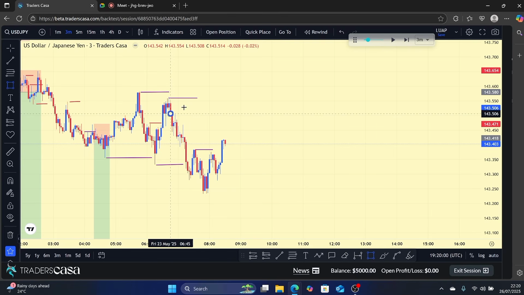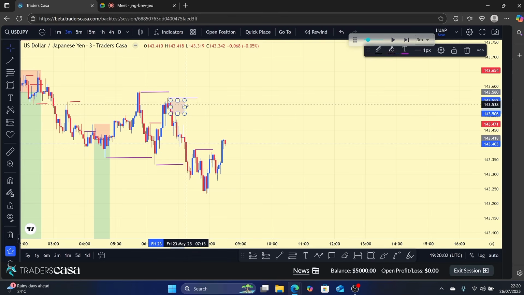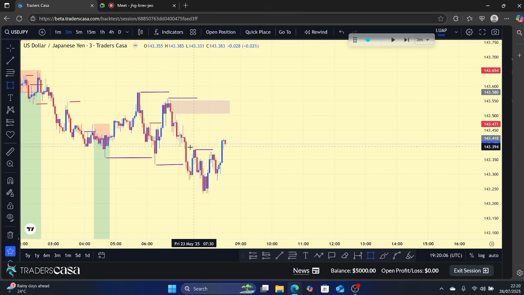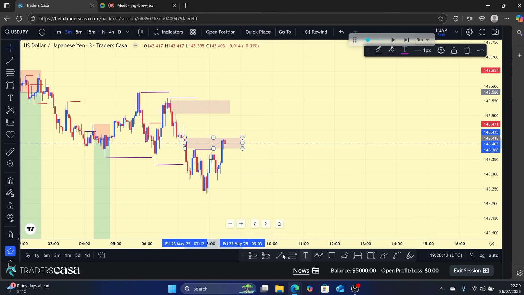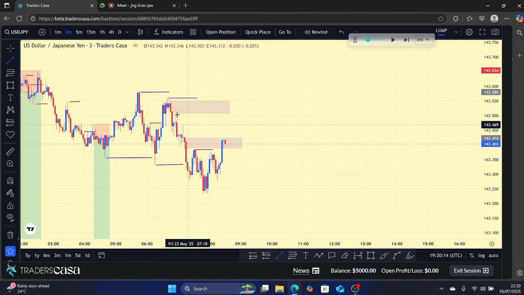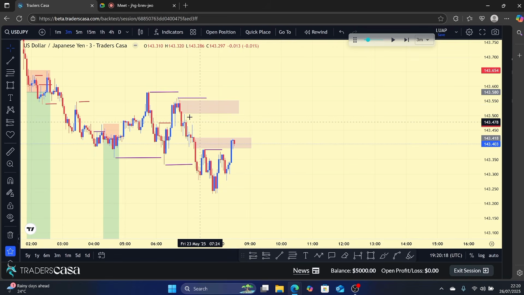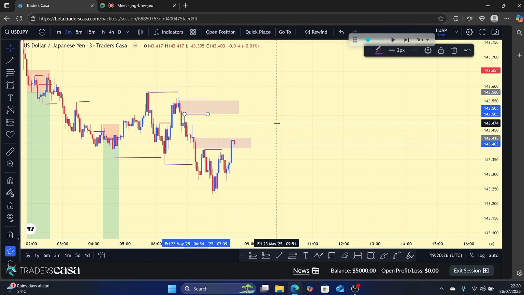After all, this is the extreme. You can see that this is the extreme, and this one here is what we call the decisional, of which the fair value gap is not fully mitigated, and this one here is what we call the engineering liquidity. So yeah, this here is what we call the engineering liquidity. There is a pullback here right before the extreme POI. Yeah, that is what we call the engineering liquidity.